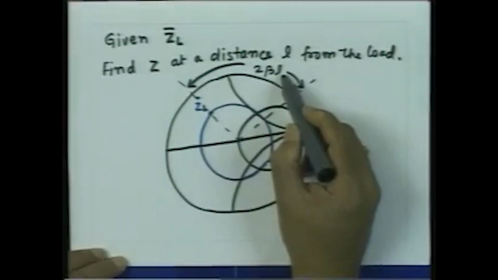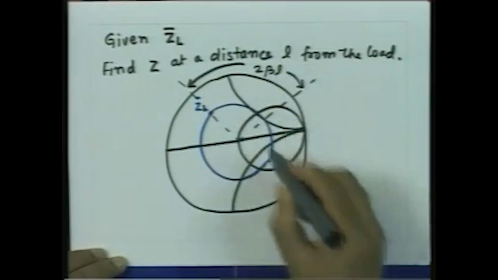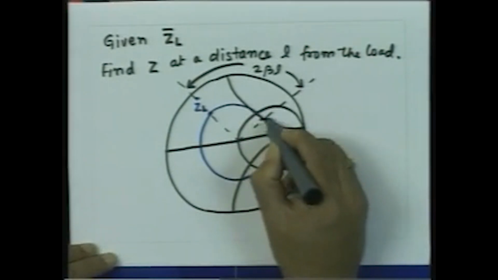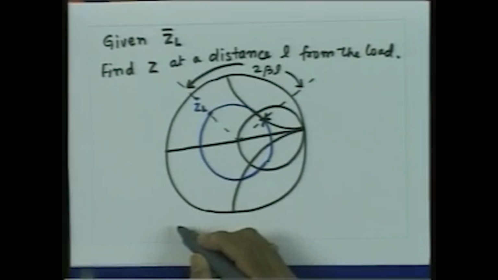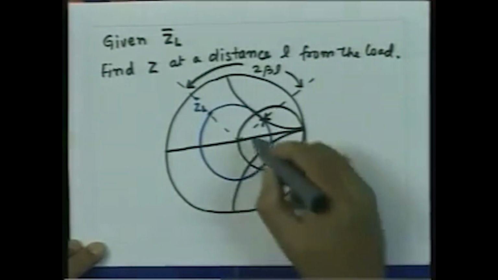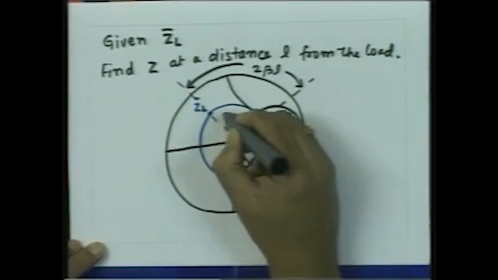This sense of rotation is very important in doing all transmission line calculations. So, if I move in the clockwise direction by an angle of 2βL, I would reach the location L on the transmission line. So, this point here would correspond to the reflection coefficient at a distance L from the load. The magnitude of the reflection coefficient remains the same, which is the same as this. This angle was θL.